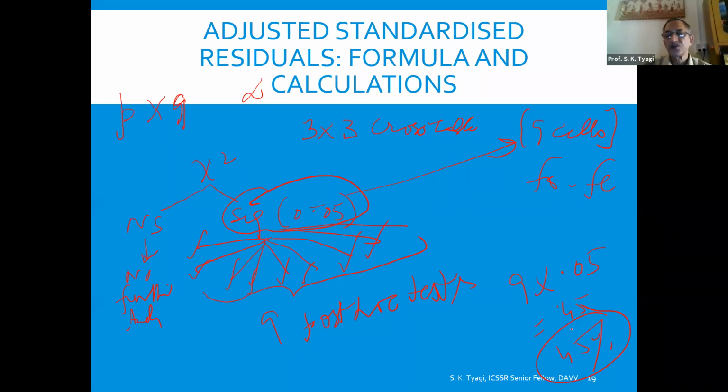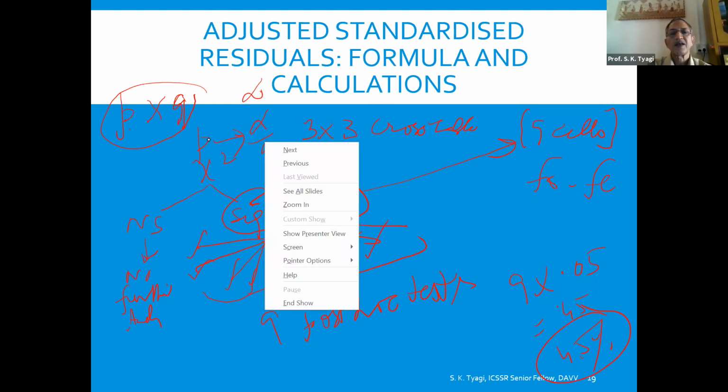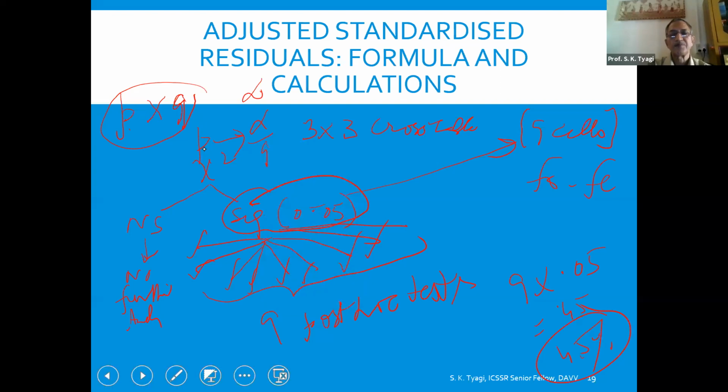This way you can control this alpha error. And second is you divide the alpha by 9 and compare p with alpha divided by 9. These are the 2 ways we can handle it. Normally this one is done: multiply p by 9 and keep alpha unchanged. Do not change alpha, but change p. Here you change alpha in order to control the error, and p remains the same. These two things are the same.